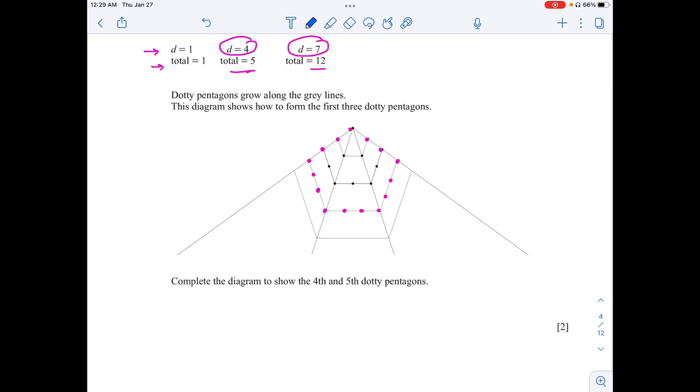So 1, 2, 3, 4, 5. So space them properly. So we can see that there are 5 dots on each side of the fifth pentagon.